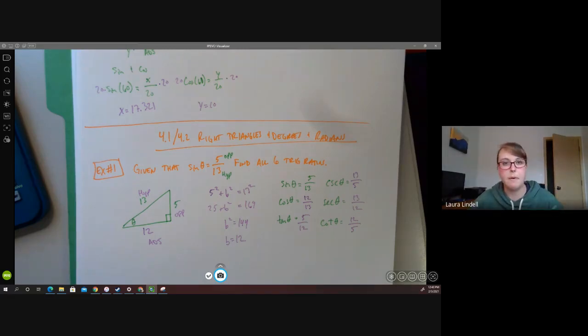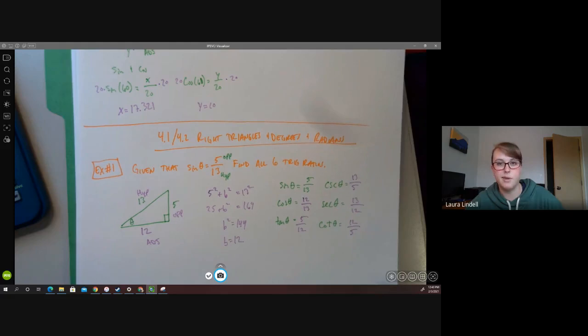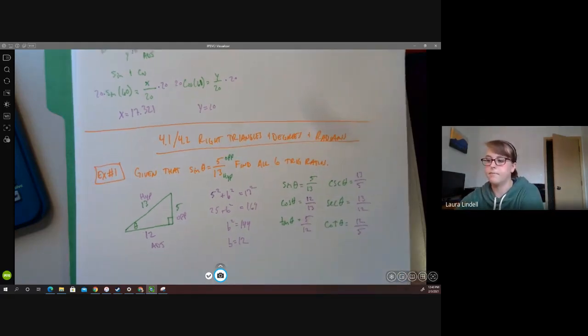But once you get in the habit of remembering that it's kind of the opposite of what you would think, it's not too terrible. Okay, so that's another kind of problem that we could see involving our 6 trig ratios. The most common kind of problem that we're going to see, though, is just being asked to solve a triangle. So we're going to do that next.